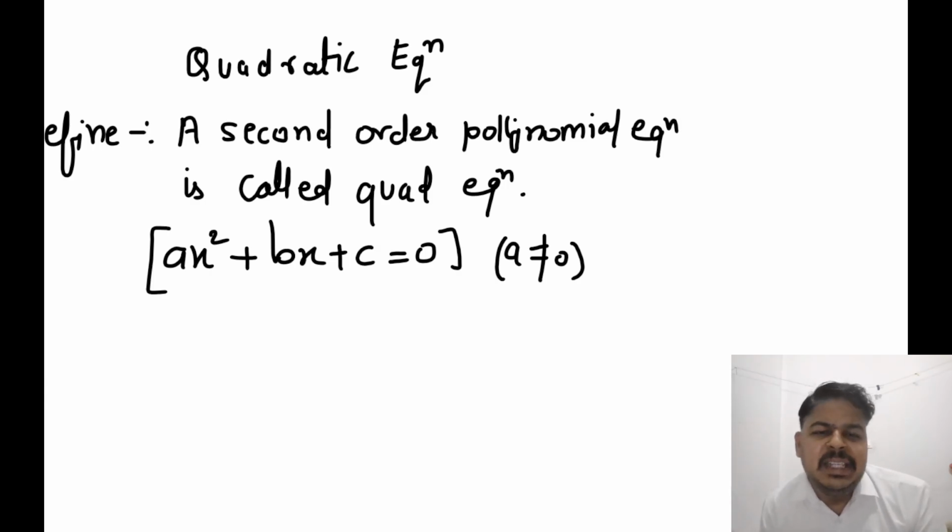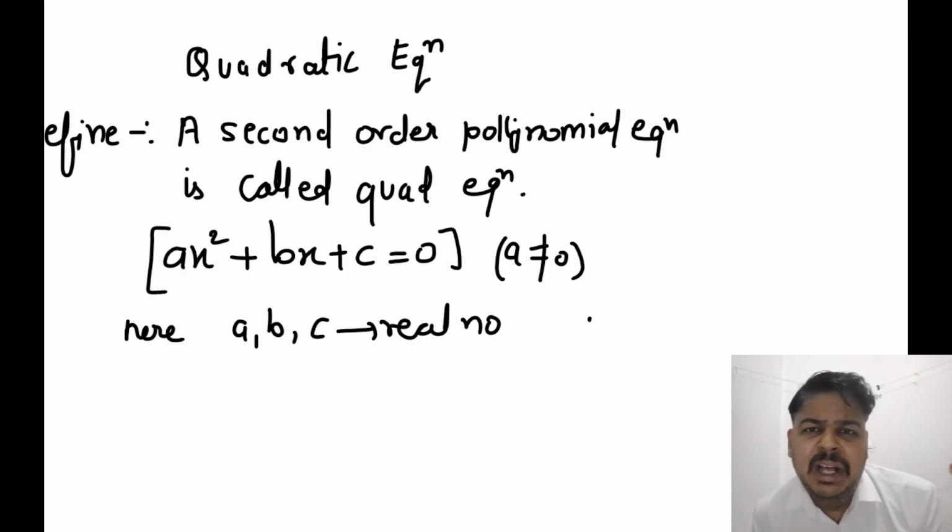Here, what are a, b and c? Let me first describe them. Here a, b and c are real numbers. Sometimes students are confused about what values a, b, c can take. You can take positive, negative or zero, but you cannot take a square root.